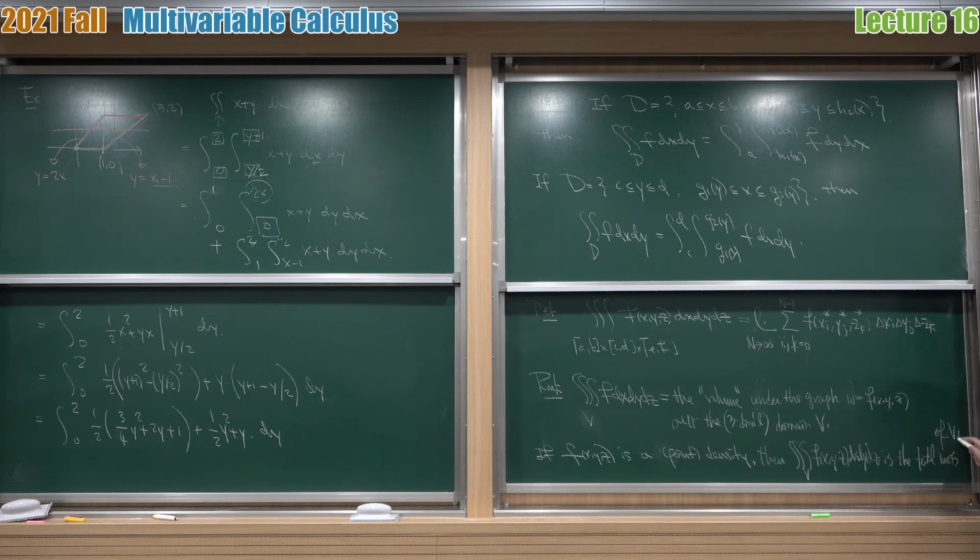Why? We have divided our domain into smaller rectangular cubes, and the volume of each smaller rectangular cube is this. Then we multiply by the point density, taken at a random point inside this subregion. If you make it smaller and smaller, it's almost equal to the small mass of this small cube.